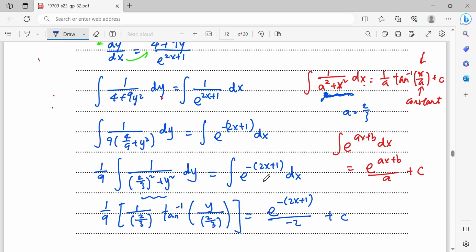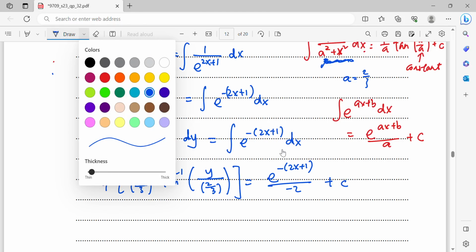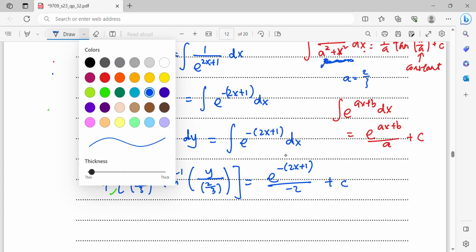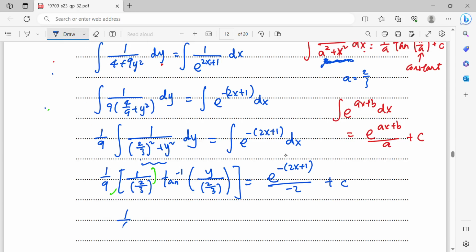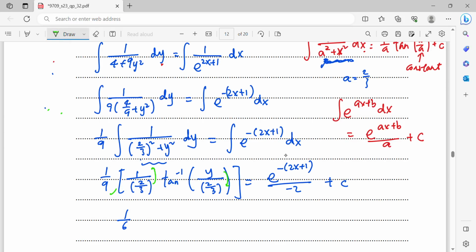Okay, so now I can simplify first before I replace the x and y values to get the c. So when you look at the left hand side, this 1 over 2 over 3 is basically 3 over 2. So when you multiply with 1 over 9, you will get 1 over 6. Then this y divided by 2 over 3.